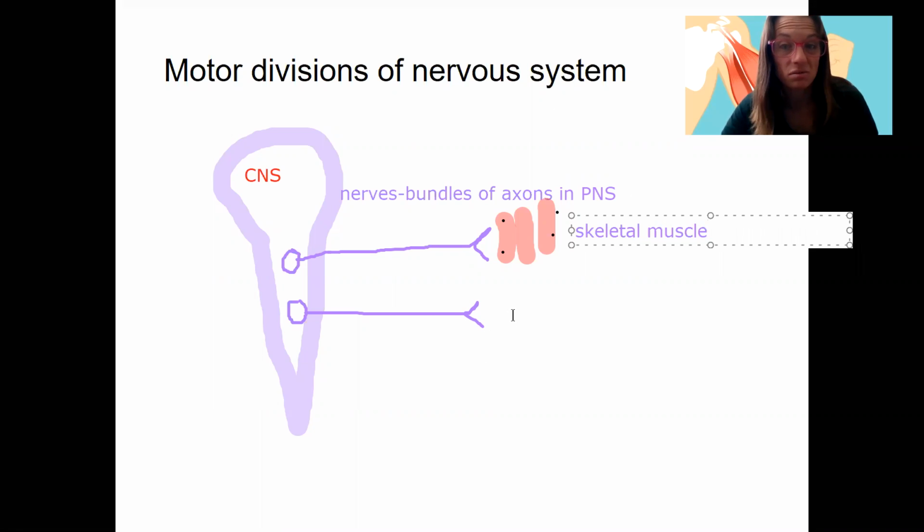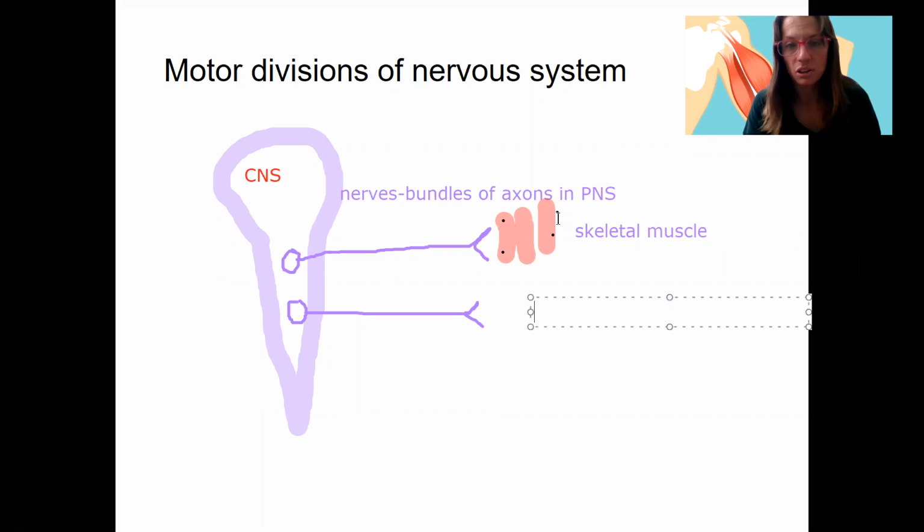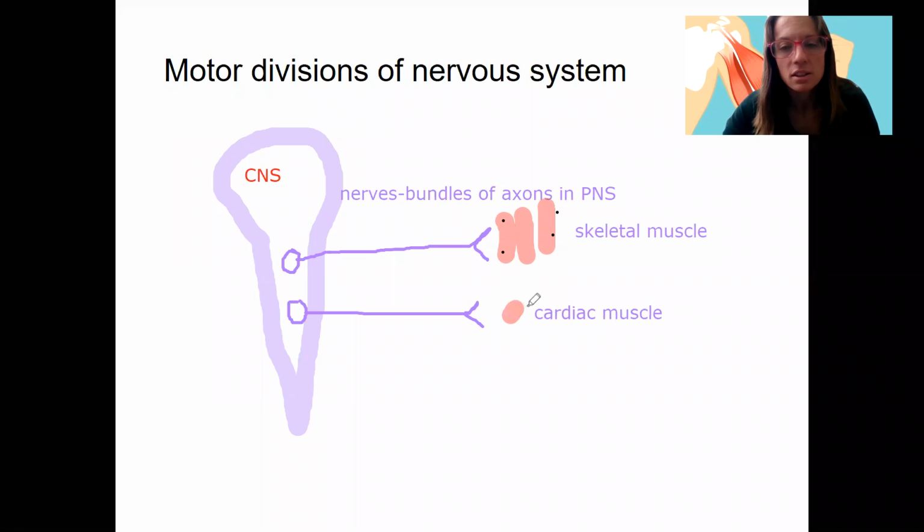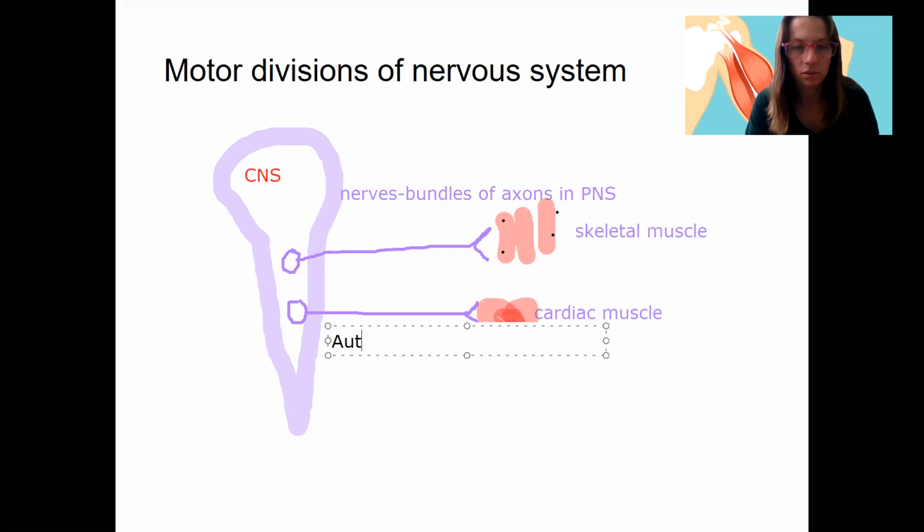So the other one is going to be some other effectors. This might be, let's just put it here, let's put cardiac muscle as one example. Where is cardiac muscle? Well, I haven't told you yet, but maybe you already know. It's in the heart. So this down here would be the autonomic nervous system.